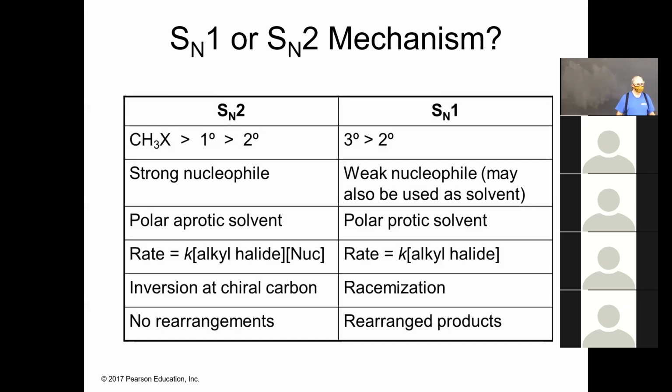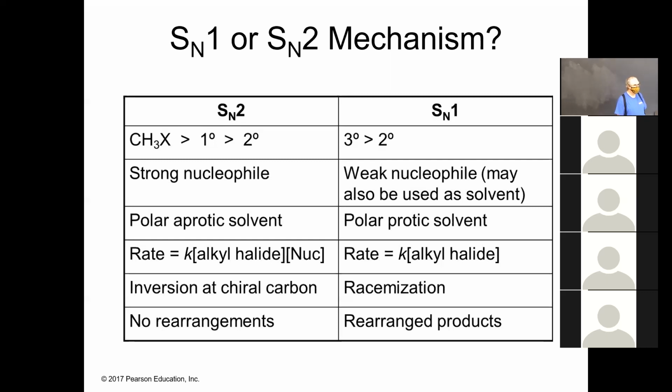And oftentimes the nucleophile is the solvent, water or ethanol or methanol. SN2 you can do in a protic solvent, but it goes faster in an aprotic solvent. SN1 works better with a polar protic solvent, again, because that keeps the ions separated.